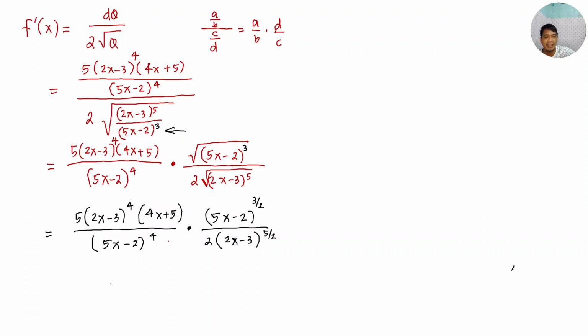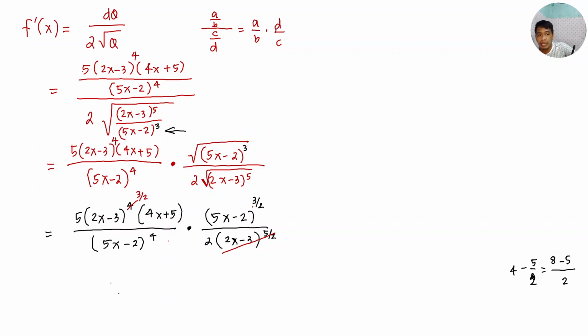So, paano nangyari? 4 minus 5 halves, LCD natin ay 2. This becomes 8 minus 5. That is 3 halves para sa exponent nito. Kasi, when we are dividing, we are subtracting exponents. That cancels out, leaving us 3 halves.